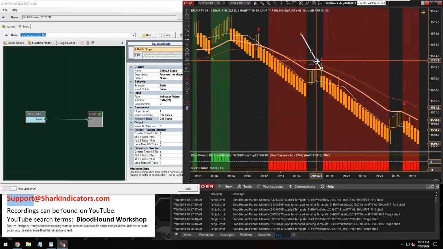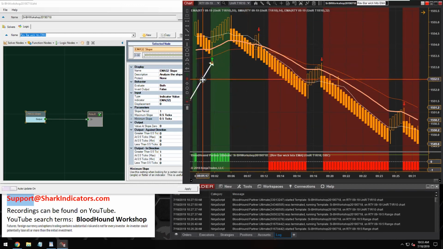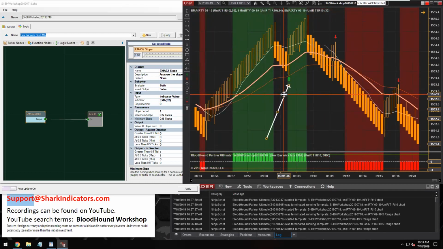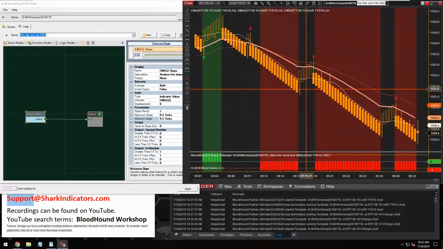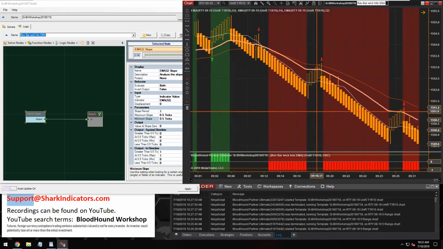So our EMA didn't slope down enough for this to generate a signal, or this one to generate a signal. But we will get a signal here. We can see there's an output from the slope solver right on this bar here, so that will generate a signal. So I'll leave it at 0.5, simply because it's blocking some of these but allowing some of them through, which is kind of the whole point of looking at the slope of a moving average.